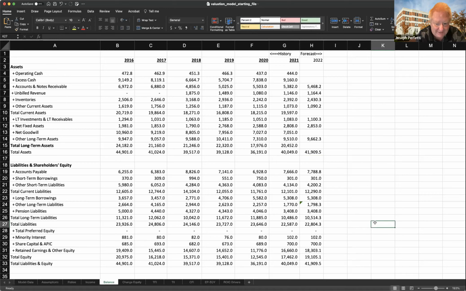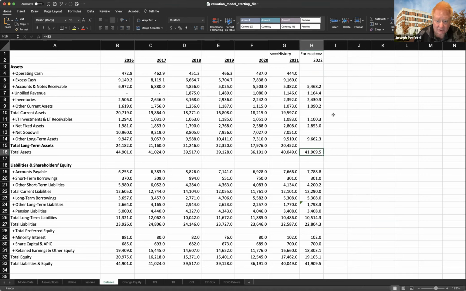And you might say that was easy. So here's the point. In order to keep the balance sheet in balance, to get these two sides to really match, all of these assets have to add up to 41,909.5. The way that we're going to do that is we're going to make one of these what's called a plug, right?